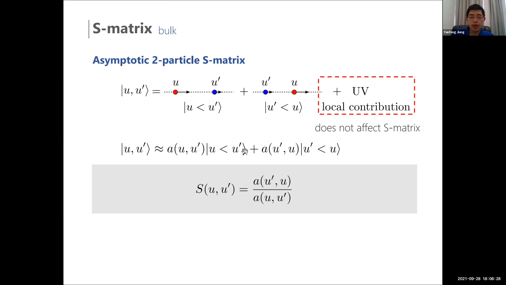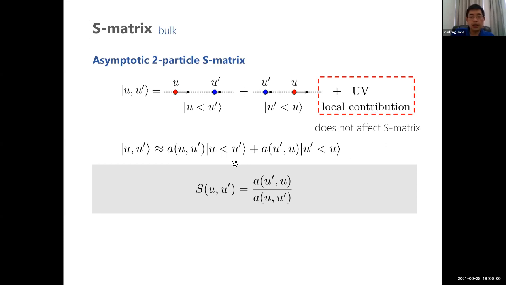Because the S matrix, by definition, is given by the ratio of the coefficient in front of the outgoing state and the ingoing state. So it's only the ratio of these two A's. So this gives the bulk S matrix. It's not that these contributions are not there, it's just they don't contribute to the S matrix. So we will ignore them in the following, but we need to keep in mind that they are there.